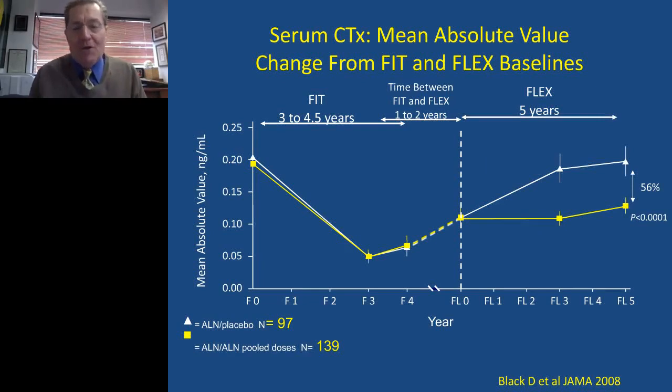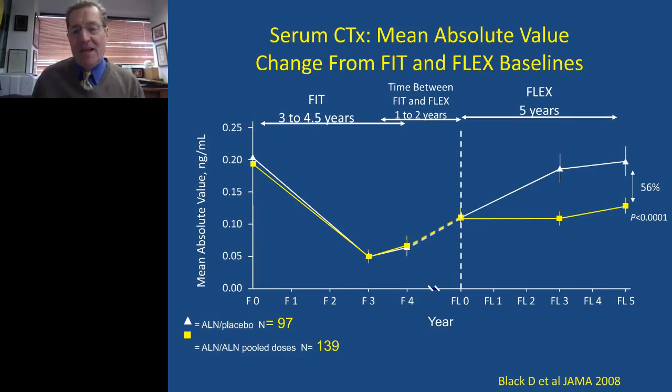Well, what about markers? Well, this comes from the FLEX trial, the Fosamax long-term extension, looking at the serum CTX. On the left-hand side of the horizontal line is the FIT trial, the fracture intervention trial, the pivotal trials that led to alendronate's approval. The data on the left-hand side is between the placebo and the treated groups followed for 5 years.